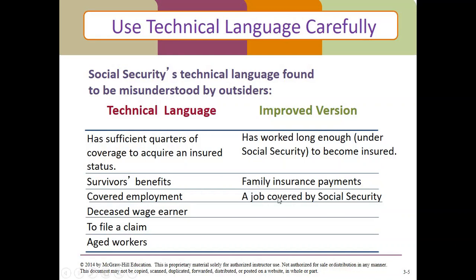But if you say a job covered by social security, everyone will get the message. Then instead of to file a claim, you should write to apply for the insurance payments and so on. So try to avoid technical language, or if you use it, there should be a definition of the technical language so that your readers can understand your writing.